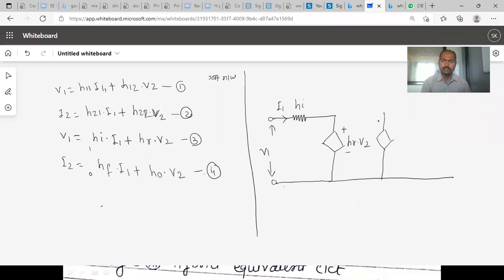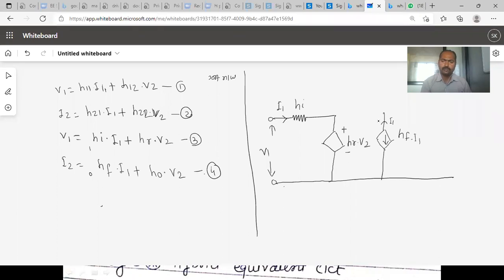This is basically a current source, so we have this arrow to indicate it is a current source. So this is HF, and the current flowing is I1. So this is HF I1.